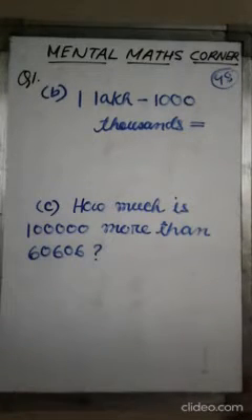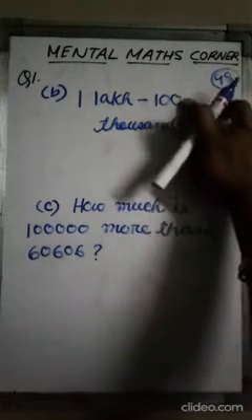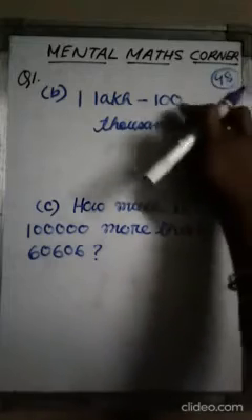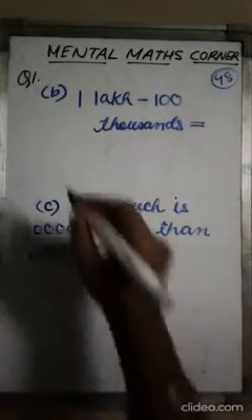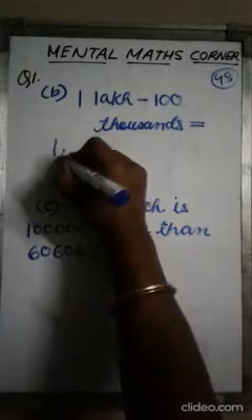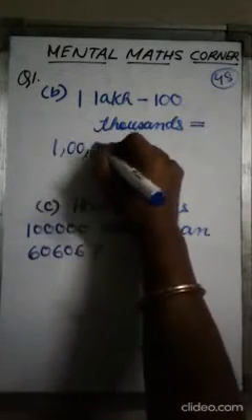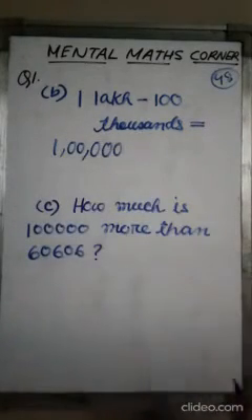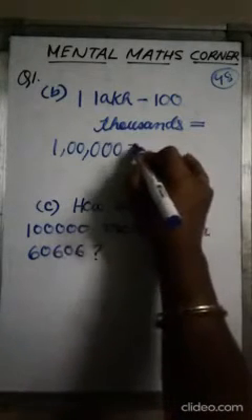Number B is 1 lakh minus 100 thousands, how much is this? 1 lakh means 1 followed by 5 zeros.